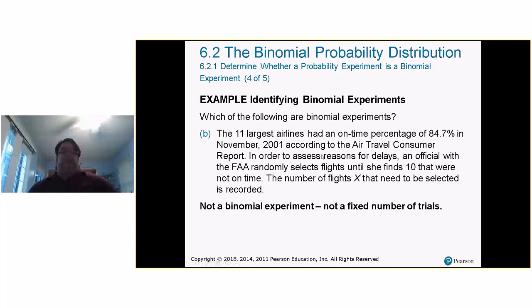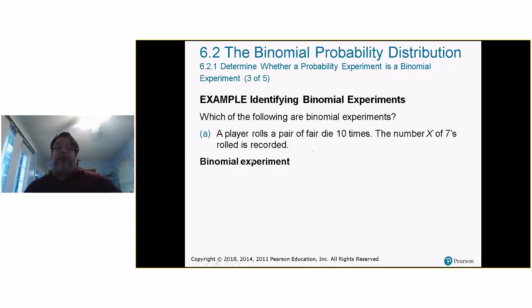That's a binomial experiment. Why is it binomial? Because there's a fixed number of times, and there are only 2 outcomes. They're asking about 7 times, and 7 is below 10. So that is a binomial experiment.